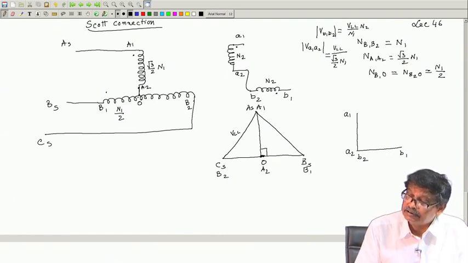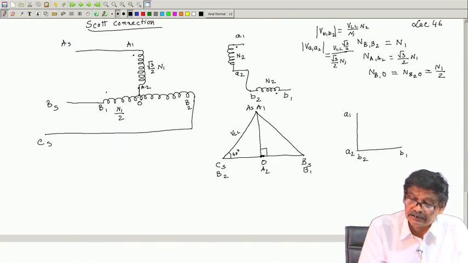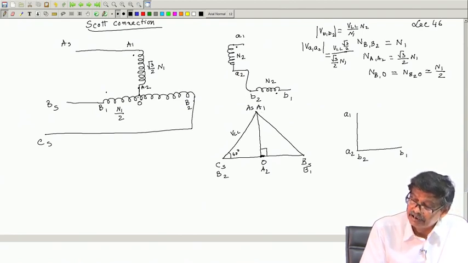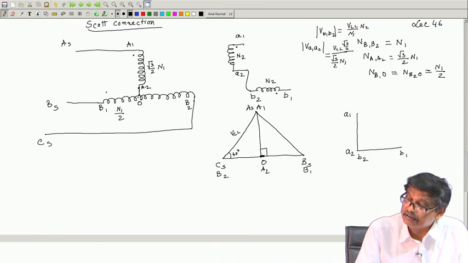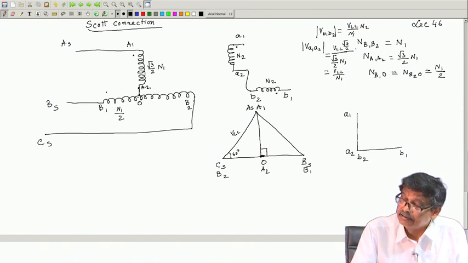Now, this voltage applied across the primary is not VLL, but VLL sin 60 degrees. So, this is into root 3 by 2; that is the primary voltage applied across this one, A1 O, which is VLL sin 60 degrees, that is VLL into root 3 by 2, and its number of turns. And so, that voltage per turn is once again VLL by N1, and this into N2.